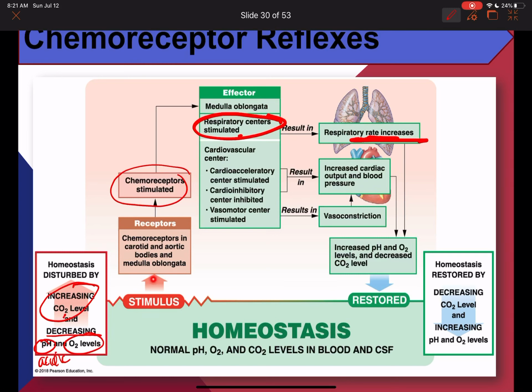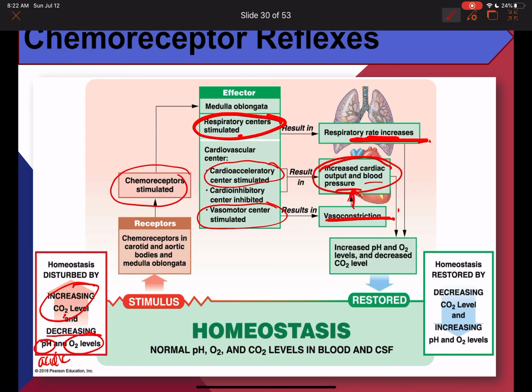The cardioacceleratory center will be stimulated, which increases cardiac output and blood pressure to get your blood moving faster so we can dump more of that carbon dioxide from your blood into the respiratory system. Your vasomotor center will be stimulated, causing vasoconstriction, which will also bring blood pressure up for that same purpose.